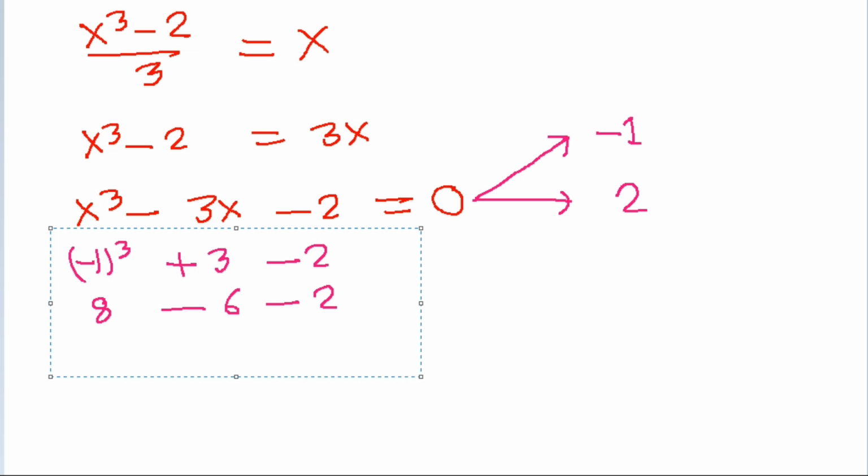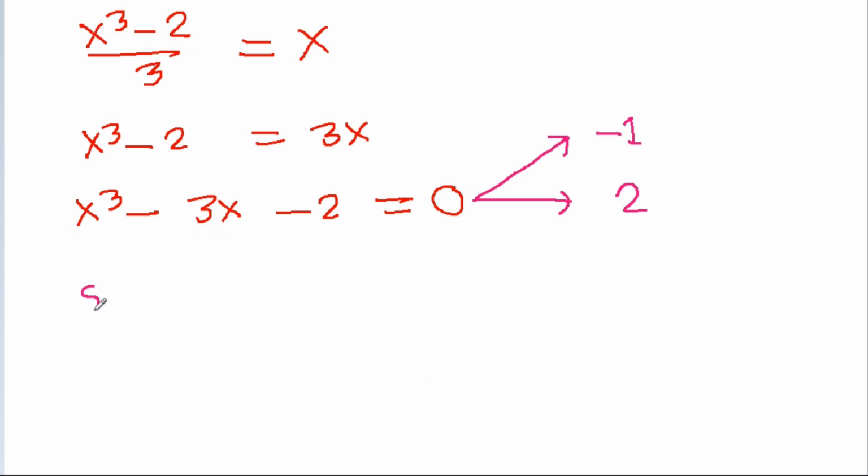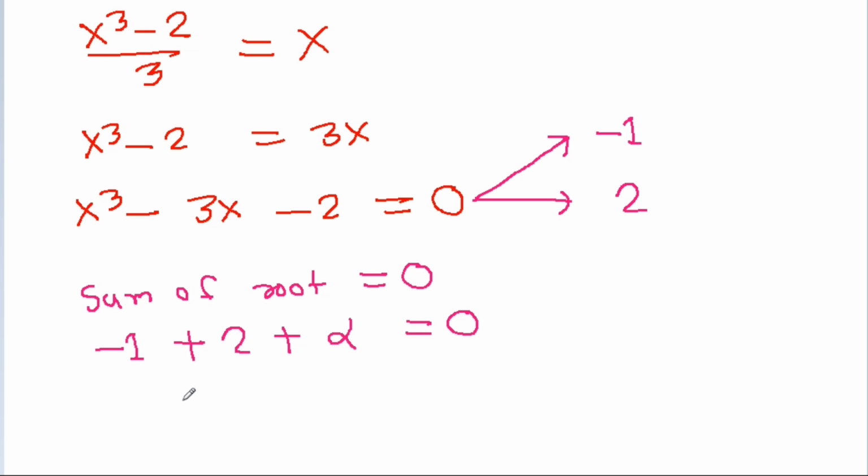And we have the sum of roots is equal to 0, and one root is minus 1 and one root is 2, and suppose the third root is alpha. So we get 1 plus alpha is equal to 0 and alpha is equal to minus 1. So the third root is also minus 1.